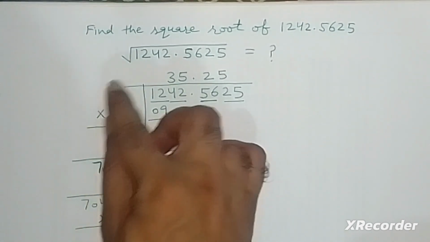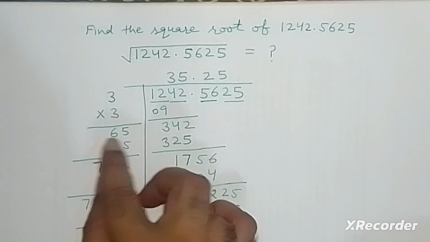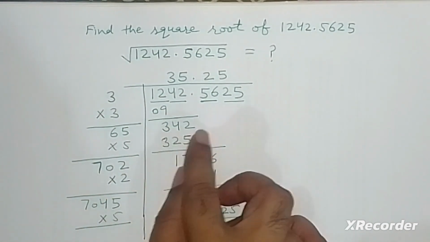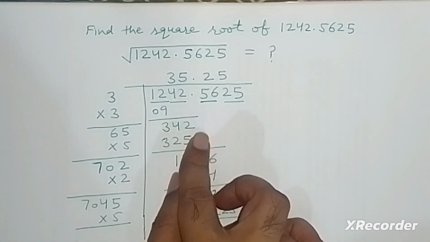Now add these values. 3 plus 3 is equal to 6. Now we have to put the value which comes below 342.